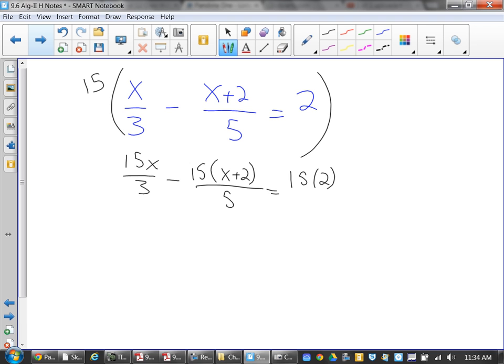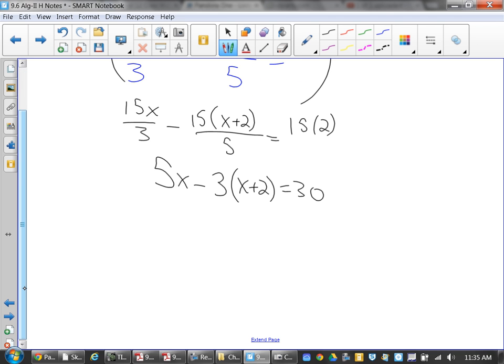Now, I can simplify these fractions. What's 15 over 3? 5. So you have 5x. 15 and 5 simplifies up to 3 times the x plus 2. And I equal 30. Do a little distributing.